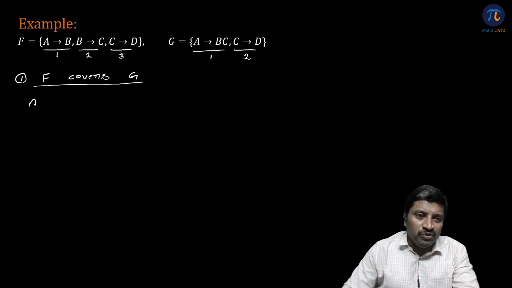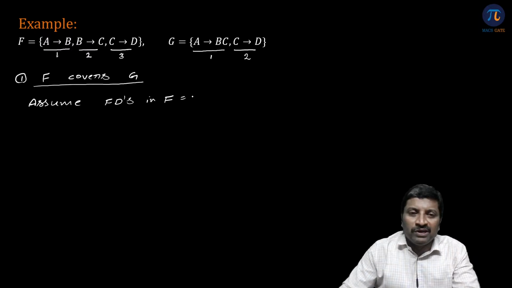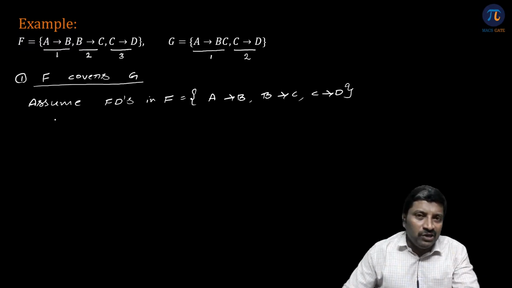For that, what should we do, sir? We need to assume FDs in F. That means we assume the FDs in the set F are valid. What are the FDs in F? A goes to B, B goes to C, C goes to D. Now what do I need to verify?